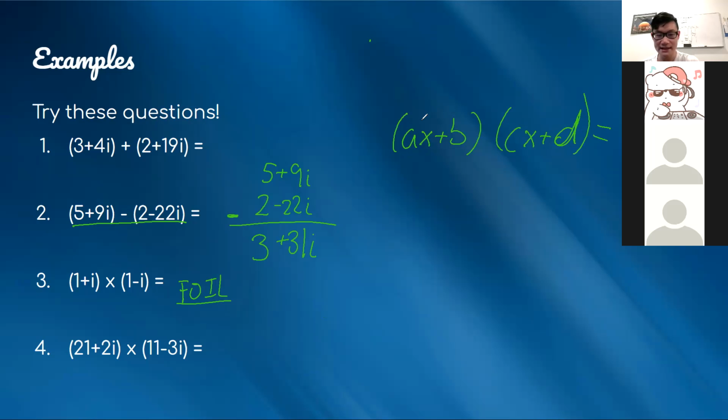So foiling, like I said earlier, is a method when you have something in the format of this, like two parentheses, and you have not just a constant number, but you have two different types of terms, right? One of these has a variable x, and one of these doesn't. Same with this one. And when you multiply these together, there's a special step that you have to follow.